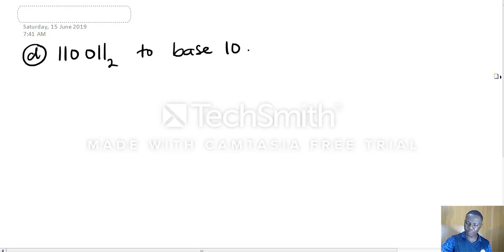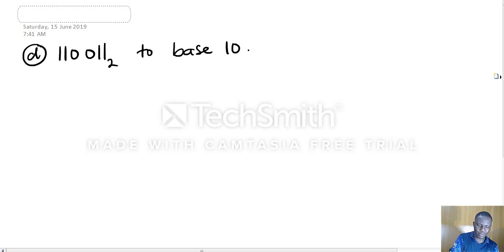Let's look at another example, which says we should convert 110011 base 2 to base 10. We also do same by writing this in the expanded method. Now, how do you know which is being multiplied by what multiple of 2?